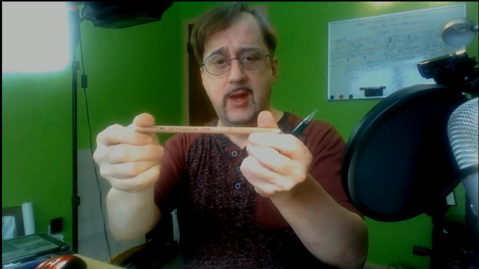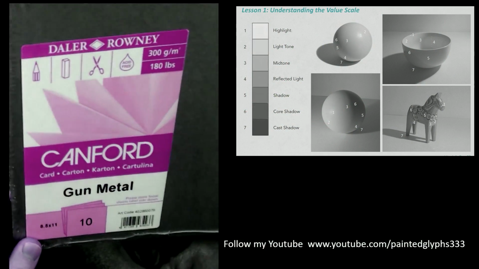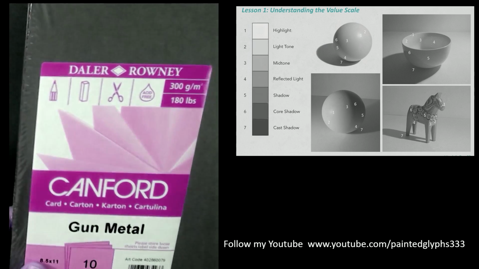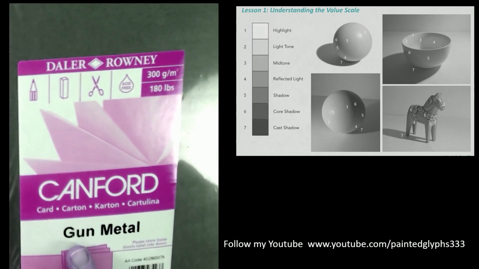basically I could show you guys the pencils that I'm using, and with this angle, different kinds of erasers. And over here, this is the paper I use. It is by De La Rue, it's called Canford. Let me see if I could get a better angle. Yeah, here you go. So it's Canford paper, the company is De La Rue, and the color is called Gunmetal.